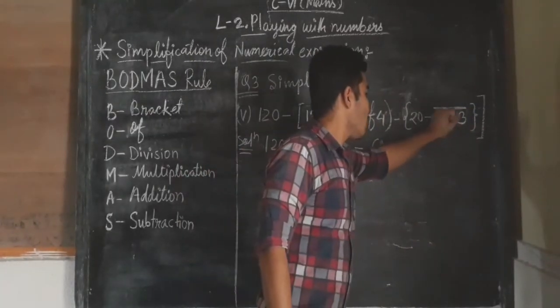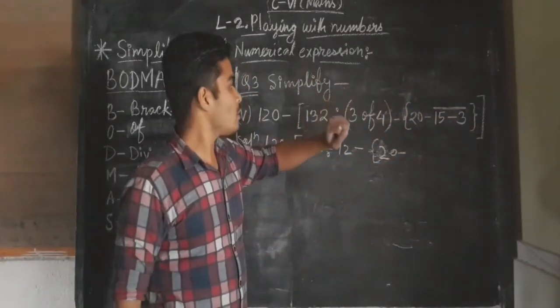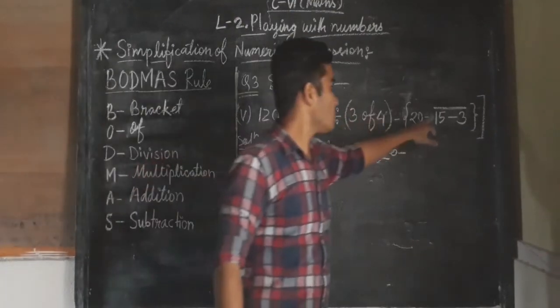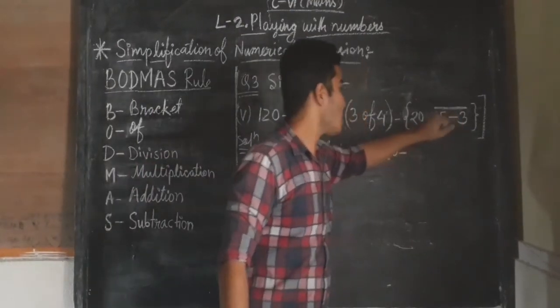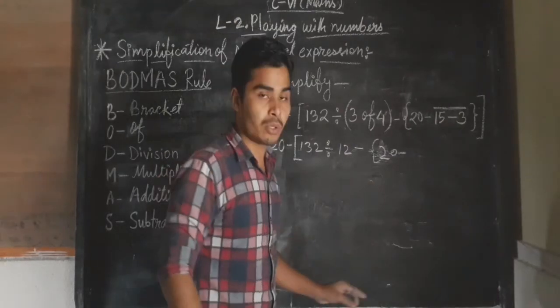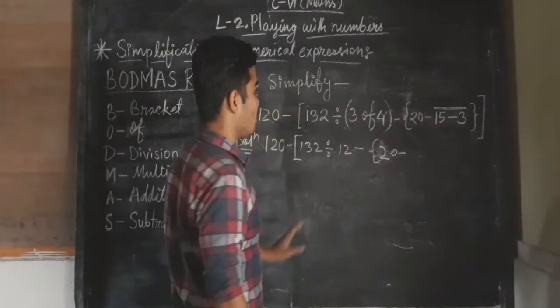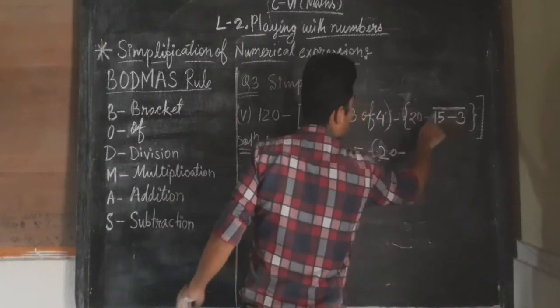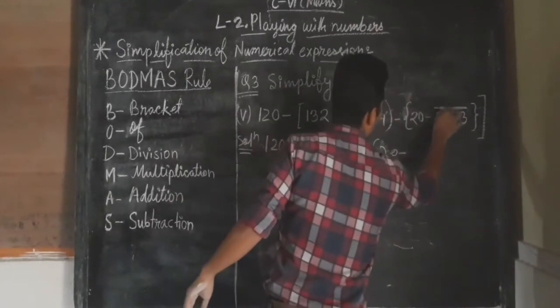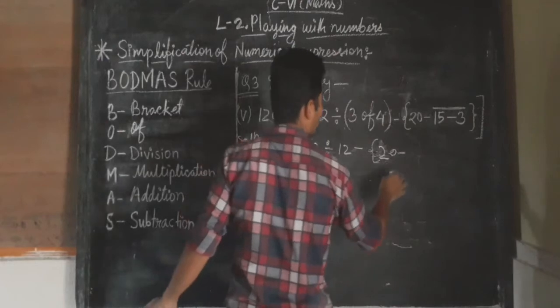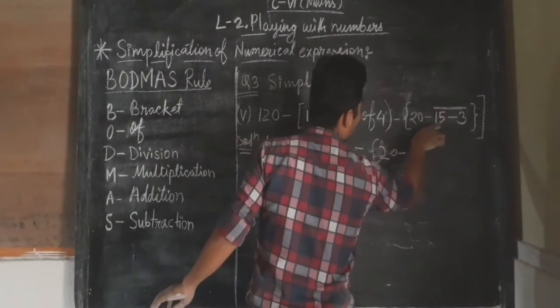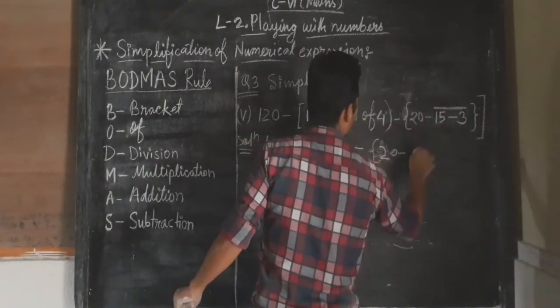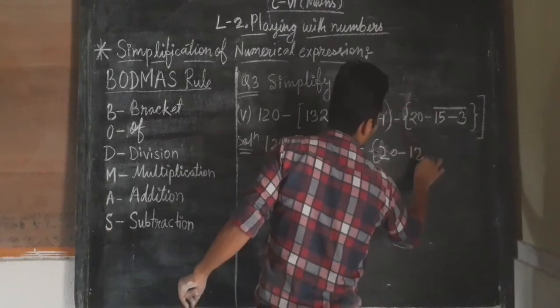This sign also we should calculate first. This is a bar. If a bar is there above any two numbers, then you should do that calculation first. We can do this calculation now itself. So you remember these things. Bar should be opened first. So 15 minus 3, it will be 12.